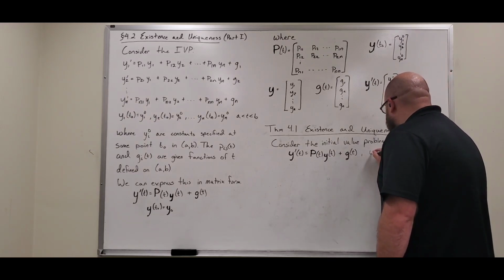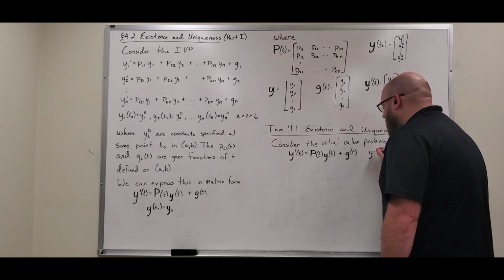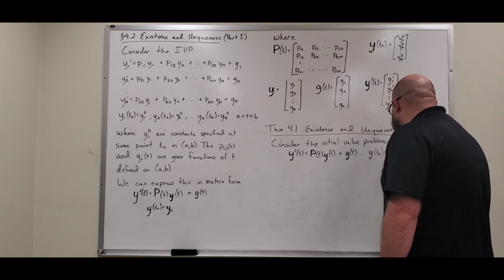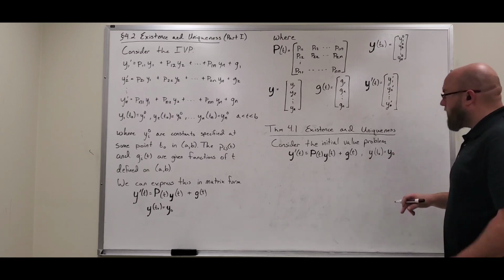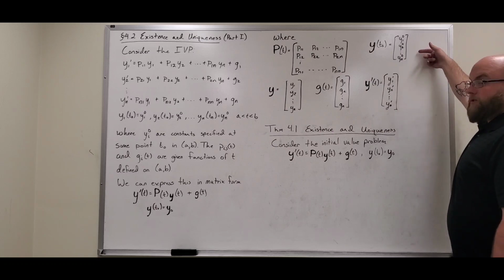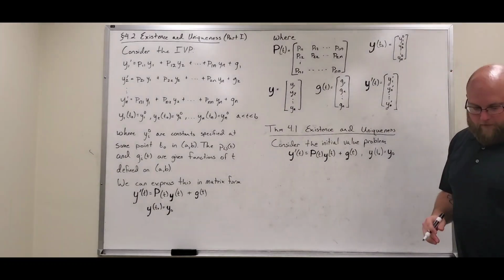All right, and then we have our initial values here. y sub t sub 0 is equal to this y sub 0. Again, these are multiple values represented here. I'm actually going to reference that as well.